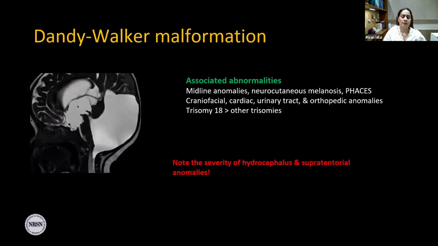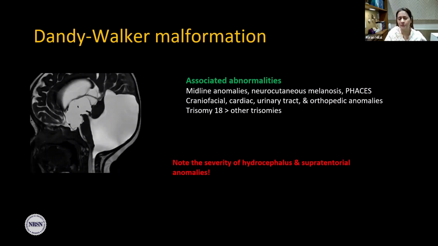Now, the thing I want you to remember whenever you have Dandy-Walker malformation in your reporting is that it's not only important to just describe that you have the Dandy-Walker malformation. Always look for the associated abnormalities, either midline abnormalities, neurocutaneous melanosis, and so on. All these syndromes are associated with the Dandy-Walker malformation.